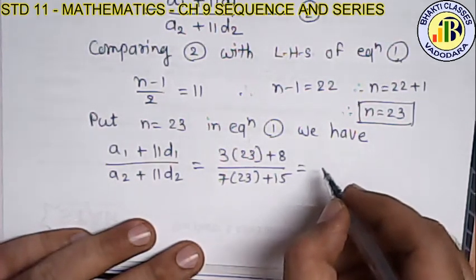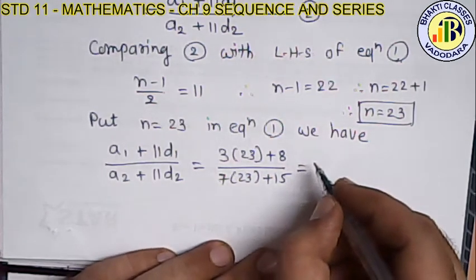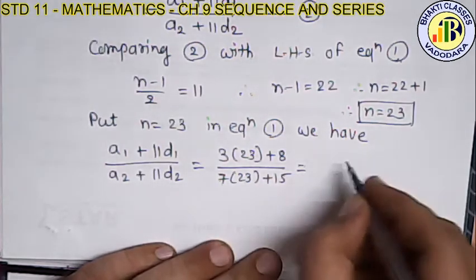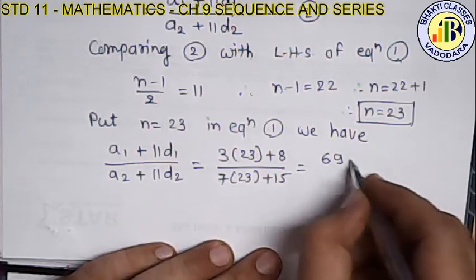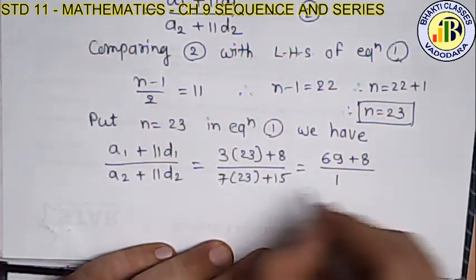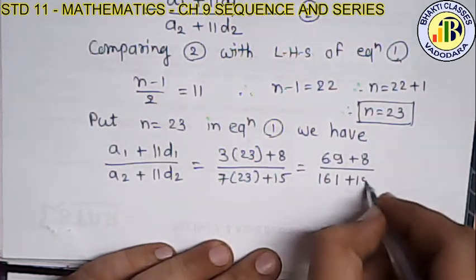This gives us (69 plus 8) upon (161 plus 15).